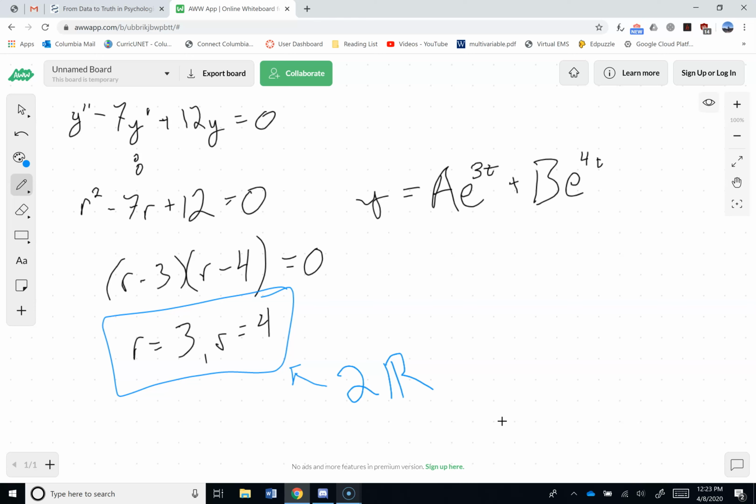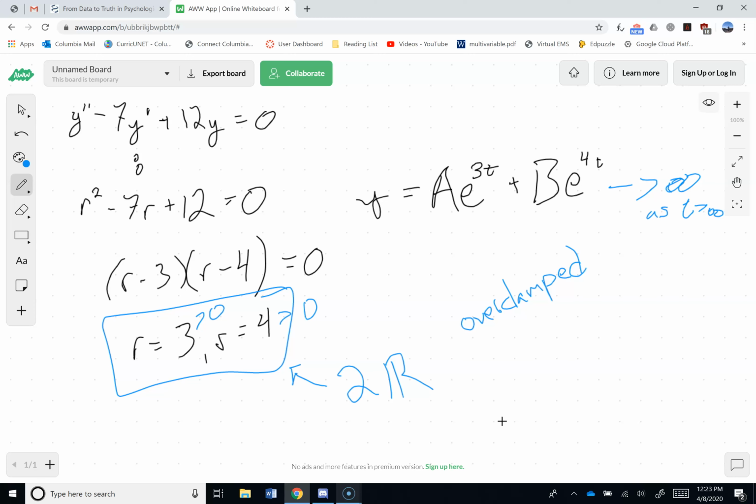And so that means I'm in the overdamped type of spring. But the fact that the real values I have are bigger than 0 tells me that this thing tends to infinity as t tends to infinity.